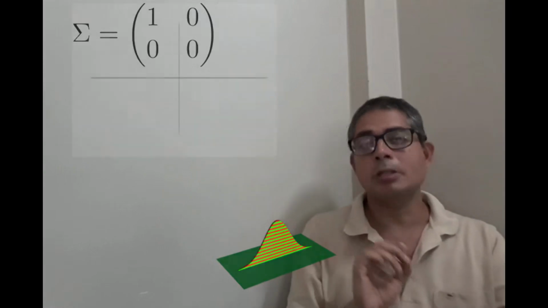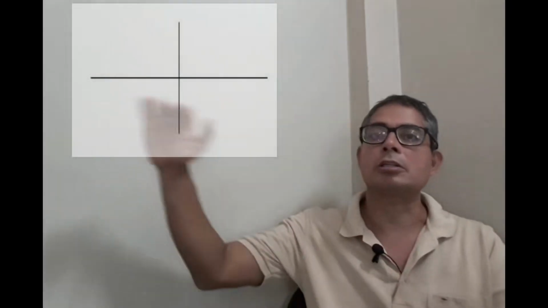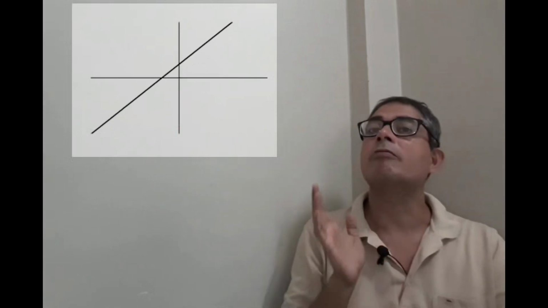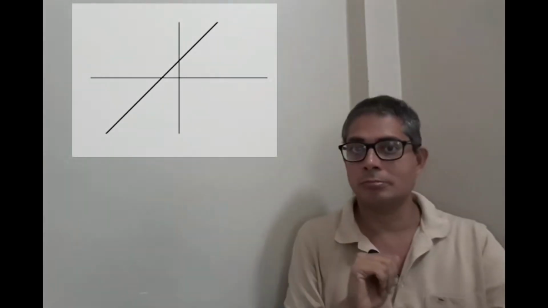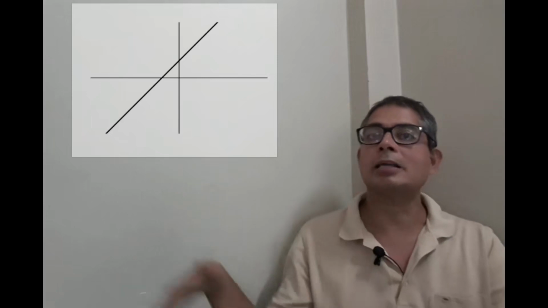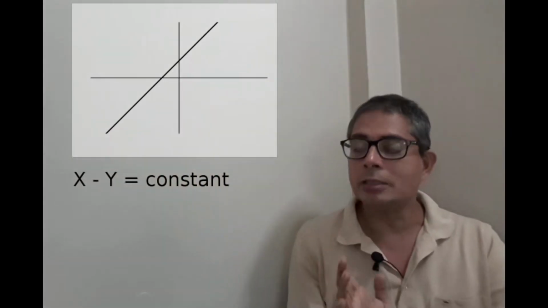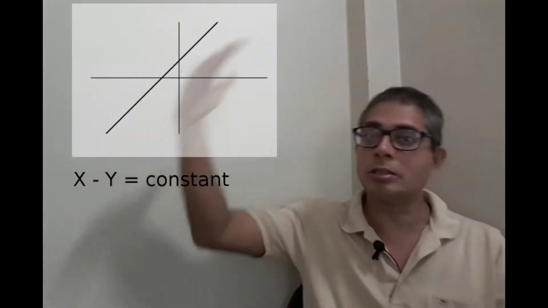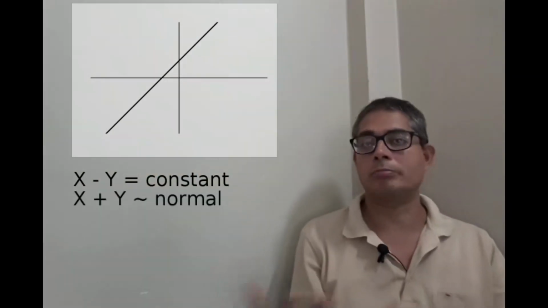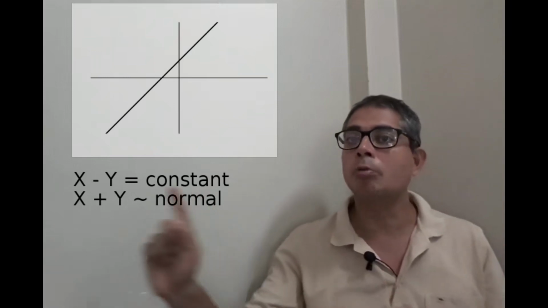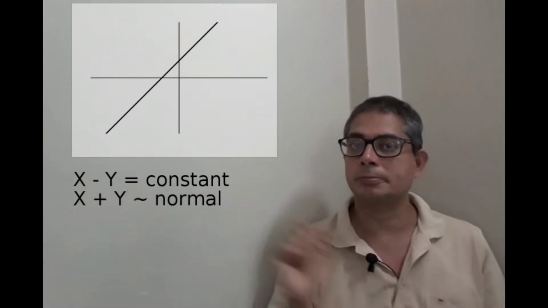In this example, the line was horizontal. Had the points all been along a 45-degree line, then we can say that x minus y is a constant and x plus y along the line is a normal random variable. Notice that these are both linear combinations.